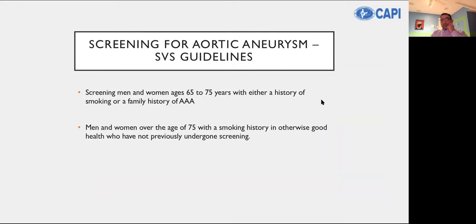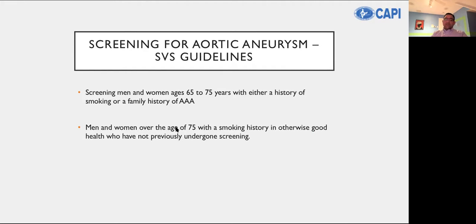So, who do we screen? If we look at the Society for Vascular Surgery guidelines, and they are slightly different from the US Preventive Task Force guidelines, and I would not go into those details, but the bottom line is that any men or women with the age of 65 to 75 with a history of smoking or family history of AAA should be screened for abdominal aortic aneurysm.